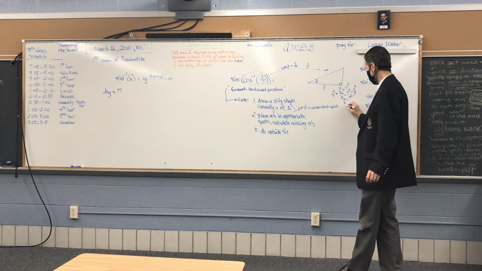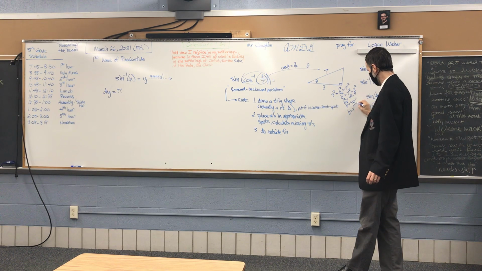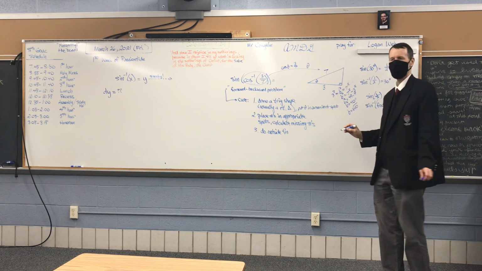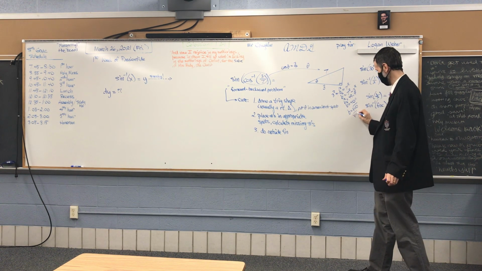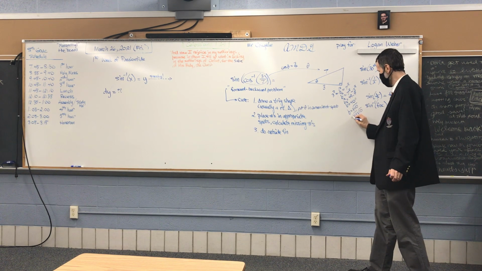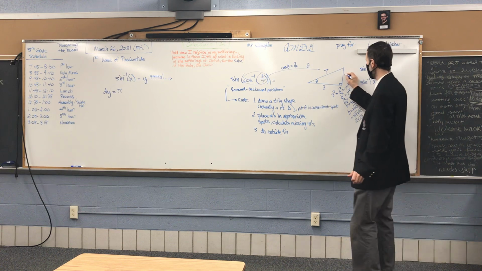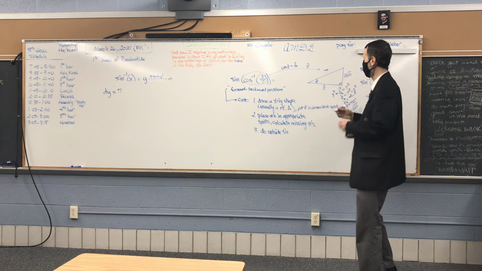So b squared is 40, and b is radical 40. Is there a perfect square in there? Yes, 4. So it's 2 radical 10. So the side here is 2 radical 10.